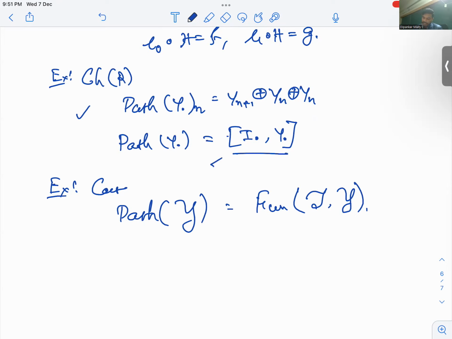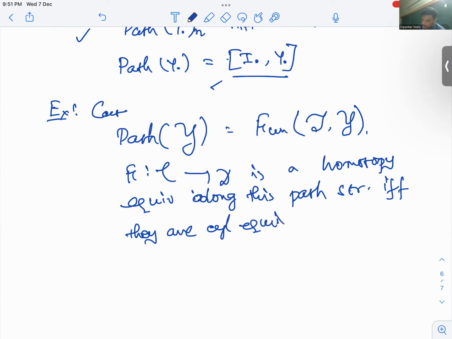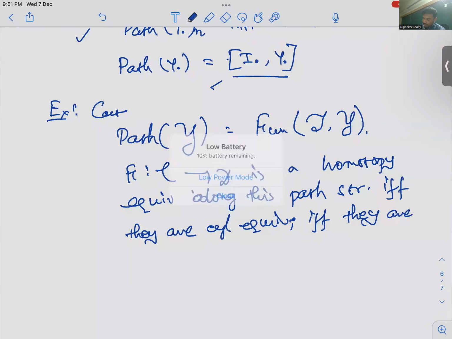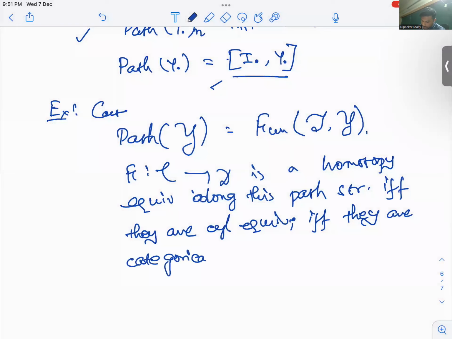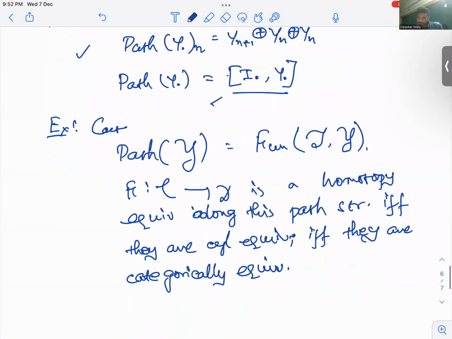A functor in Cat from C to D is a homotopy equivalence along this path structure if and only if it is a cylindrical equivalence, and this is if and only if it is a categorical equivalence. So is the case for chain complexes, and so is the case for topological spaces.